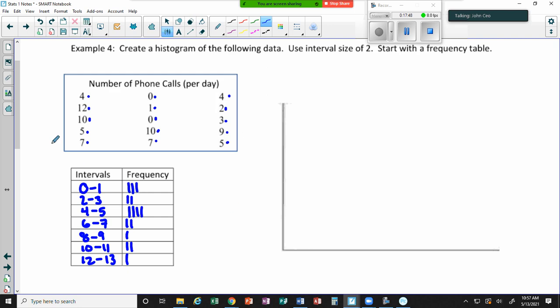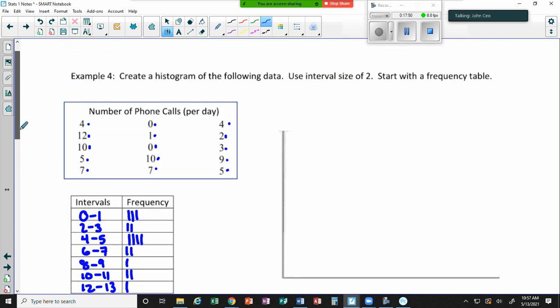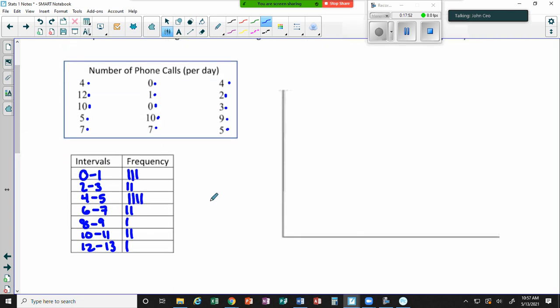Now, they didn't give us a whole lot of explanation what this would be. I'm assuming this is people, how many phone calls people make per day. So along this line is we're putting whatever these are, 0 to 13. What does the 0 to 13 represent? These are the number of phone calls per day.